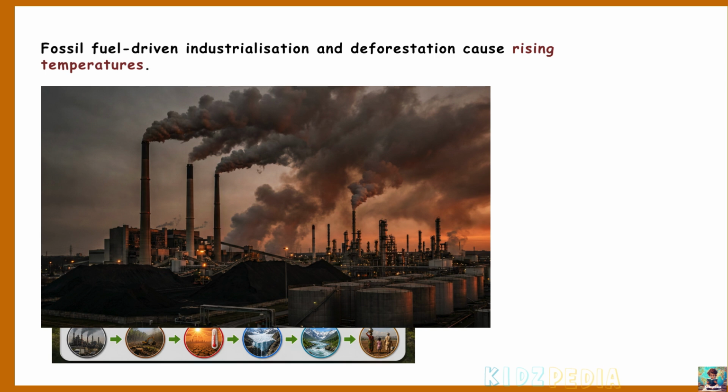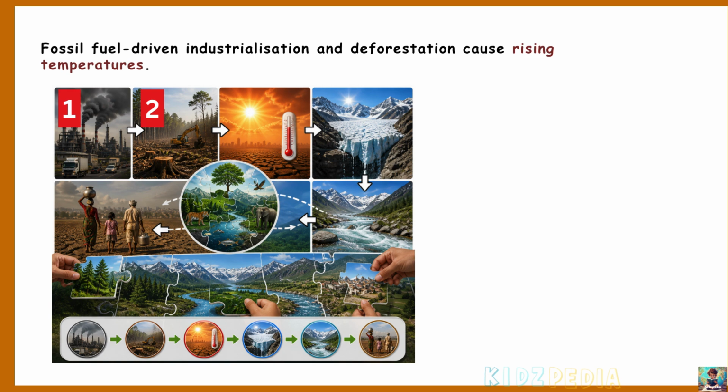These fuels are burned in factories and machines to produce goods. When they burn, they release harmful gases that trap heat in the atmosphere. Second one is deforestation. Trees are cut down for farming, housing, and other activities. Trees normally absorb harmful gases, so cutting them increases heat in the environment.